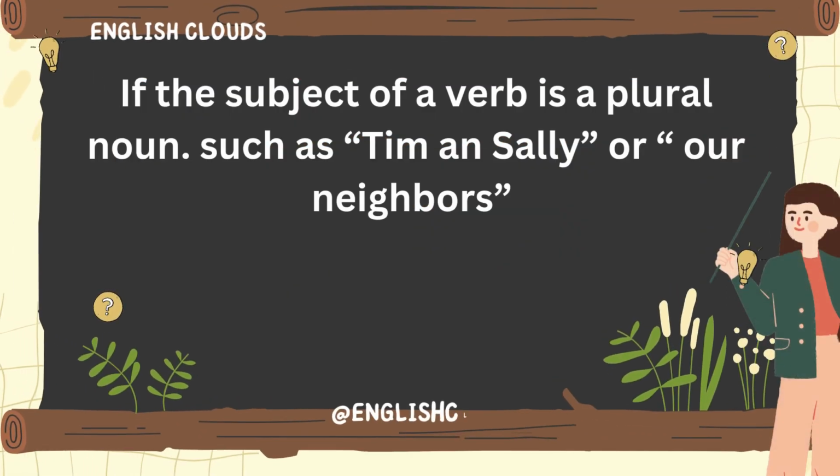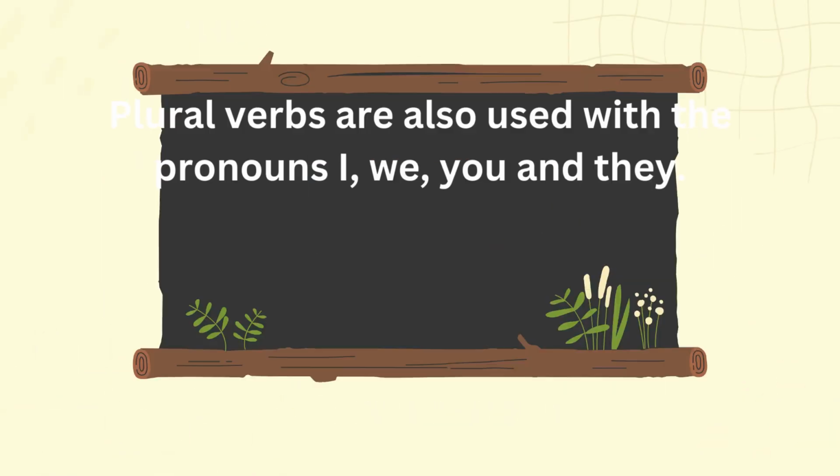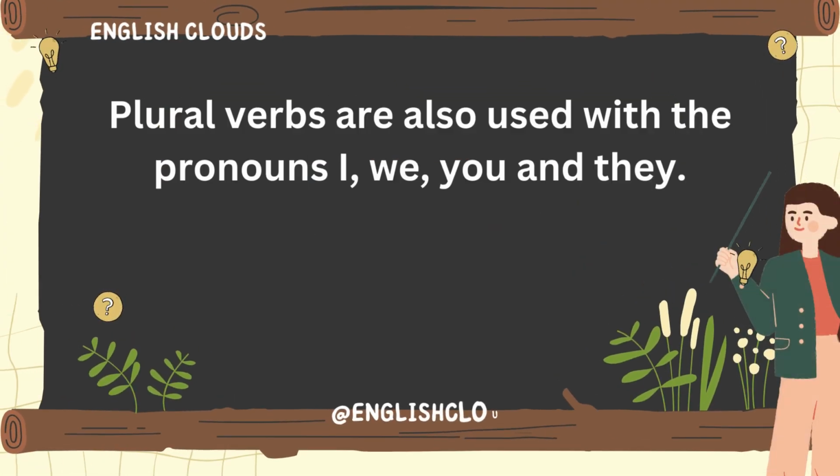Use a plural verb if the subject of the verb is a plural noun, such as Tim and Sally, or our neighbors. Plural verbs are also used with the pronouns I, we, you, and they.